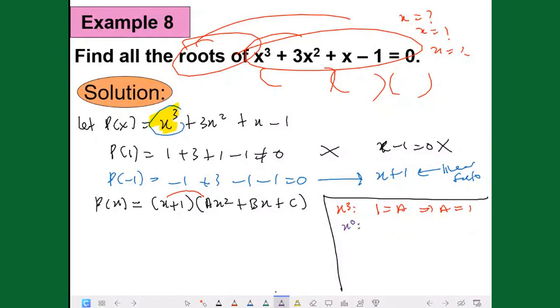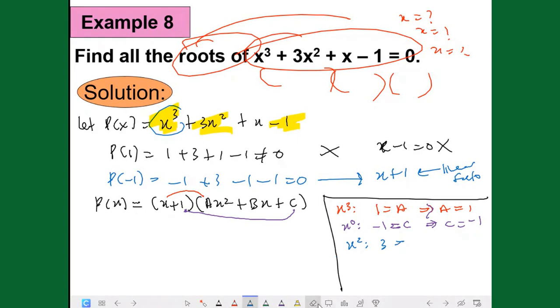Constant, tengok hujung ni. Negative 1. Constant tengok hujung sana, C. So, C is equal to negative 1. Settle. And x squared, yang ada square 3.